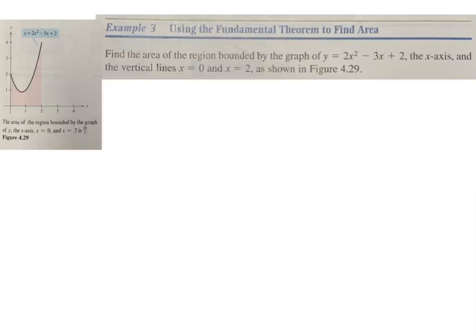Where it's basically a polynomial, they want us to go from 0 to 2. And in this case, my 0 is on the bottom, so it's actually not going to make a difference. So I have this right here. You could break them up all from 0 to 2. I don't.